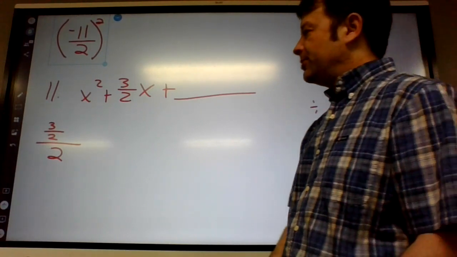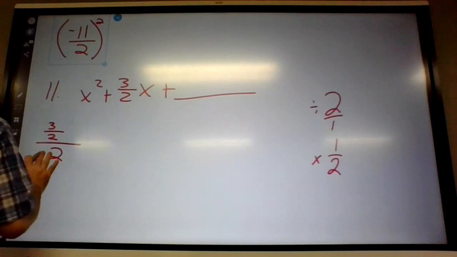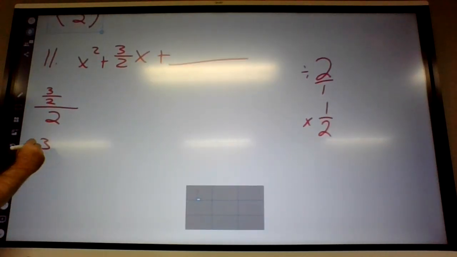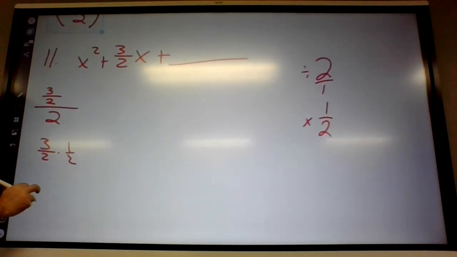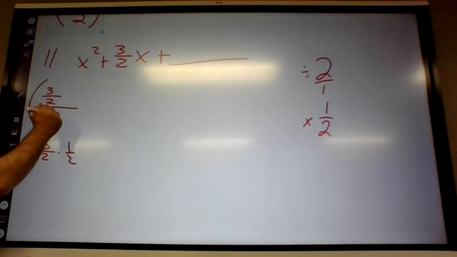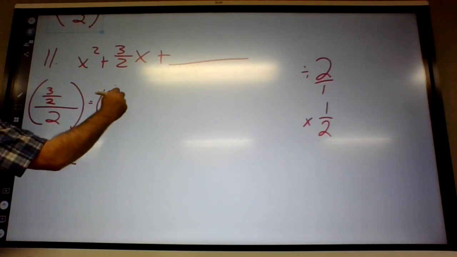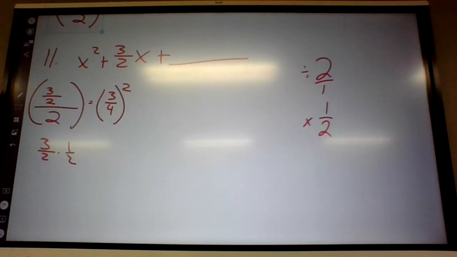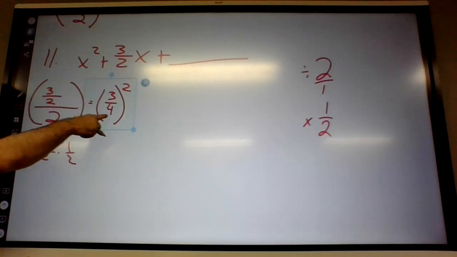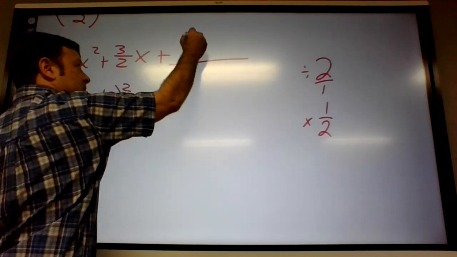So 3/2 divided by 2, you could plug that in your calculator somehow, but it's the same thing as multiplying the denominator by 2, basically. That's what dividing by 2 does. So this is just 3/4. And 3/4 squared: 3 times 3 is 9, 4 times 4 is 16.